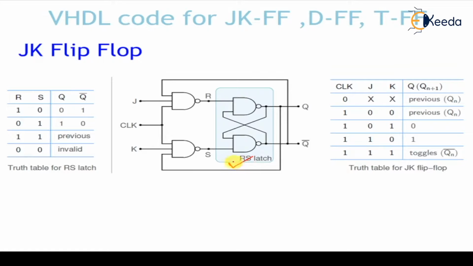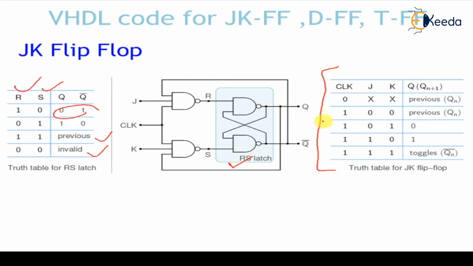That video contains detailed information on the JK flip flop, how the RS latch is generated, how these outputs are coming, and how the invalid conditions come. So it's better to understand the theory there. Here today I am just covering the major part that is required to write a VHDL code.